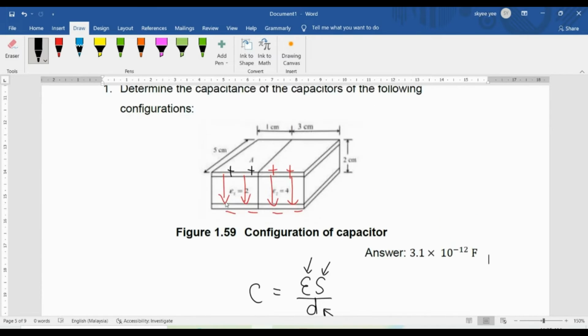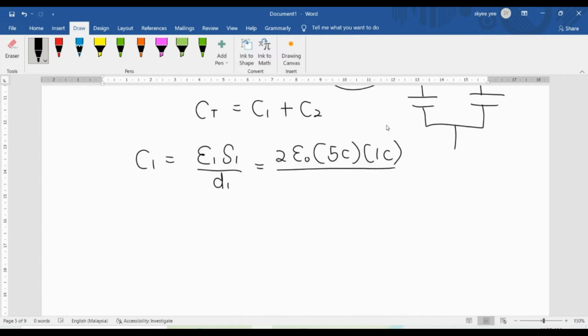And the separation is 2 centimeter. So you can easily calculate this. You have 0.44 picofarad, where pico is times 10 to the power negative 12. You get this C1.